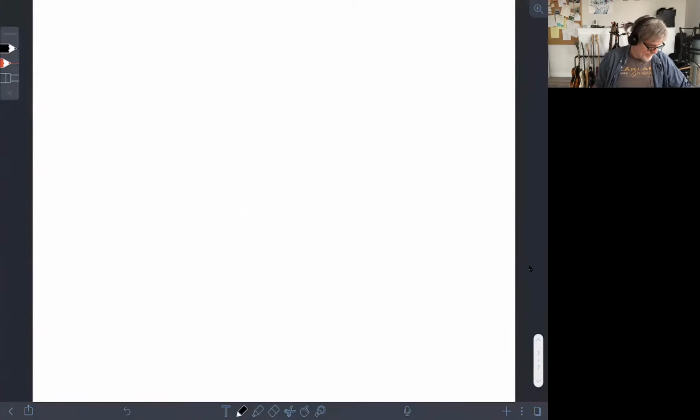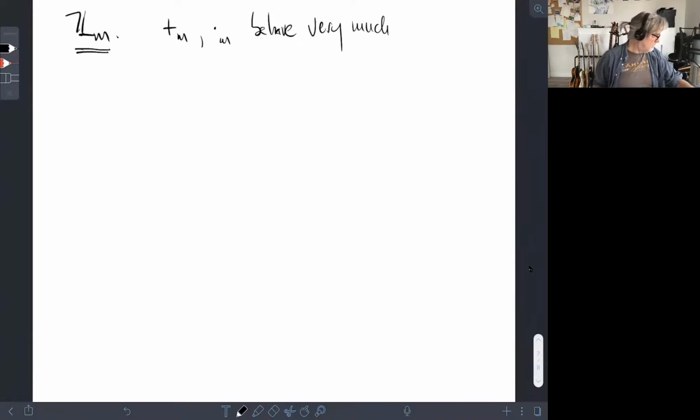Okay, last thing I want to do. I don't know if I've discussed this earlier, but let me go back to Zm. Remember that we have a sum and a product, which behave very much like plus and product in Z, right?